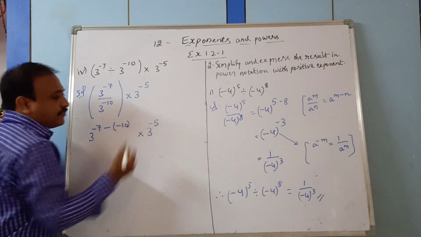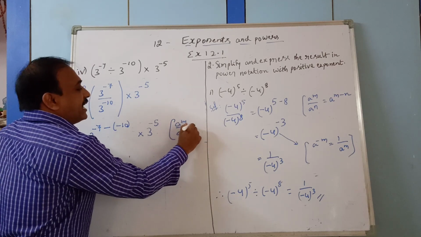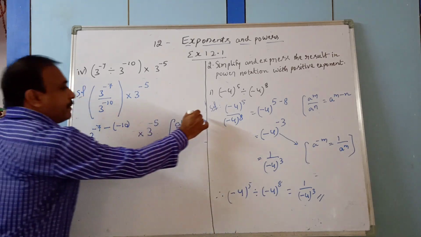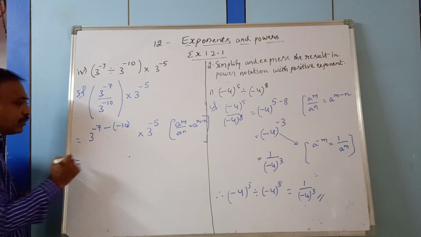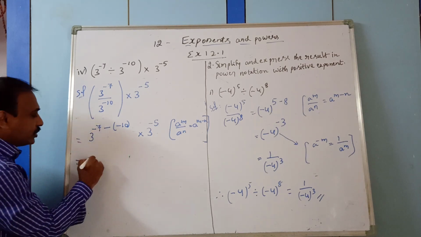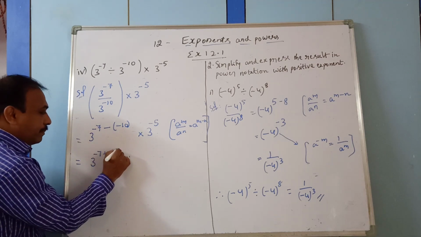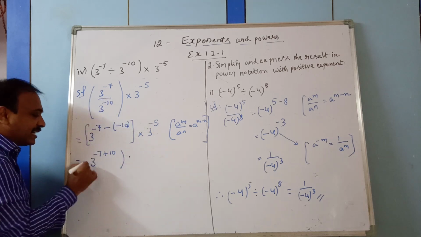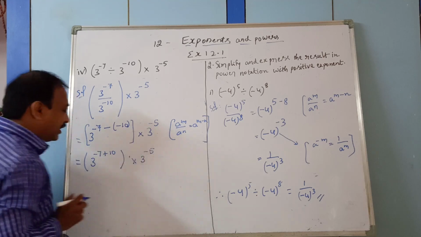So here 3 power minus 7 minus of minus 10, this is inside the bracket, into 3 to the power minus 5. Now here I use the formula a power m by a power n is equal to a to the power m minus n. Now which is equal to, you see here, minus into minus plus, so 3 to the power minus 7 plus 10, I will write the bracket for this because I am simplifying inside the bracket, into 3 to the power minus 5.